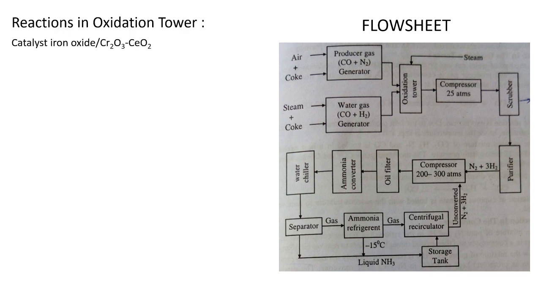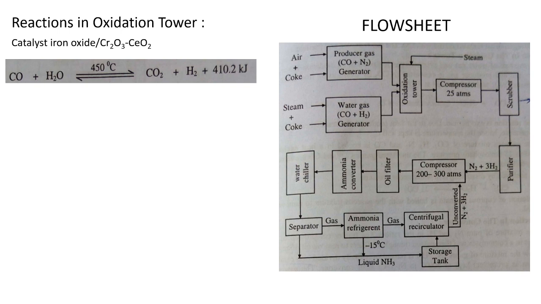In this oxidation tower, the process of oxidation is taking place with the help of catalyst, that is iron oxide promoted with chromium oxide and cerium oxide. The reaction which is taking place is the carbon monoxide is treated with steam, as shown here. You can see in the flow sheet also, steam is one of the input, producer gas is one of the input, and water gas is also one input.